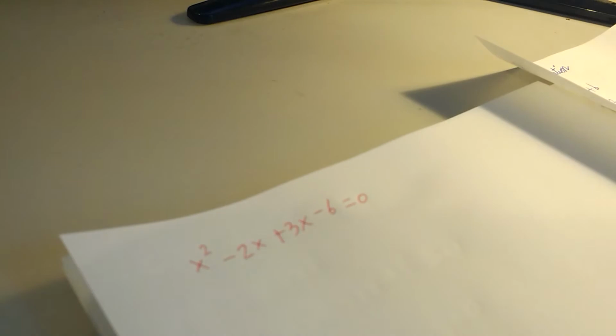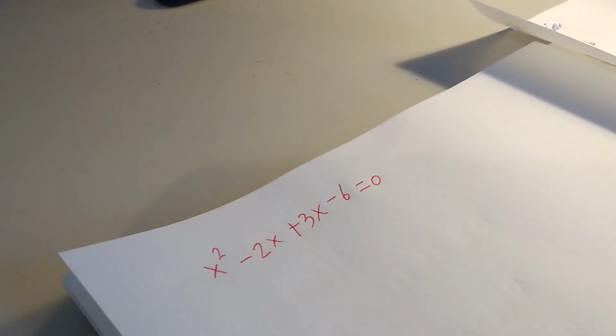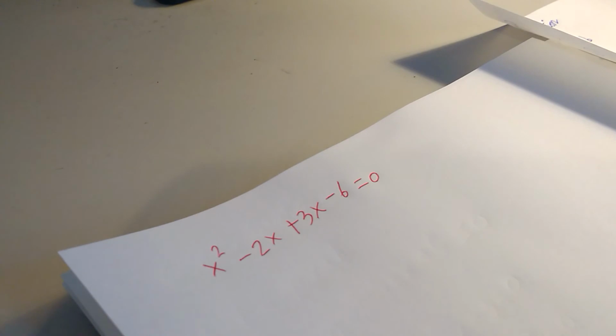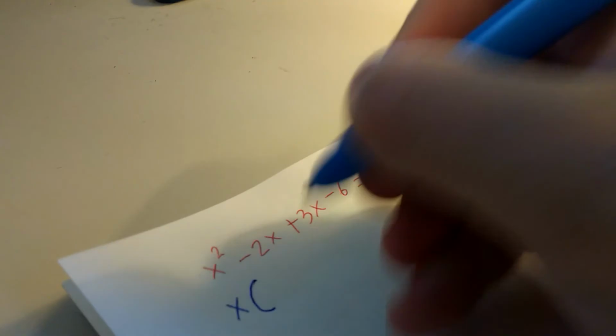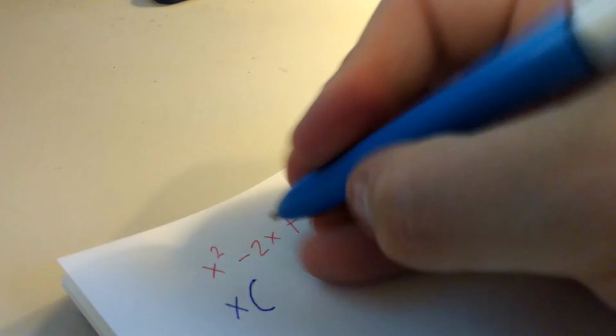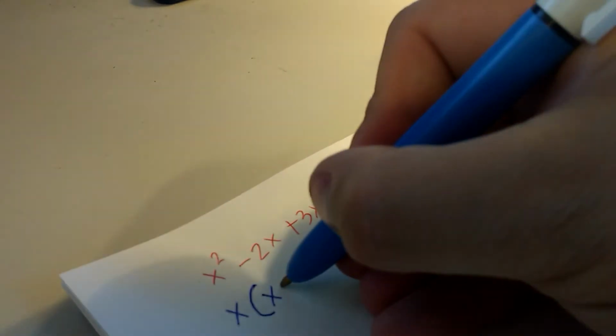Now if we want to factorize that and take out some x terms, we can. It's the same way as having an a or an a squared, or a b and a b squared. So instead of x squared we write x, because if you divide x into x squared, you just get x. Divide x into minus 2x, you get minus 2.